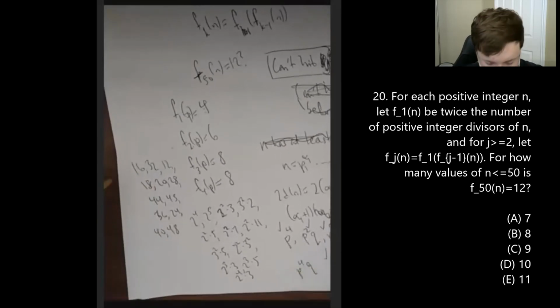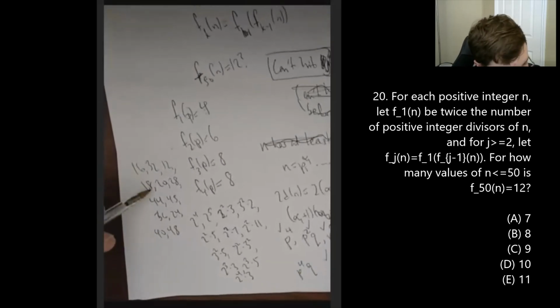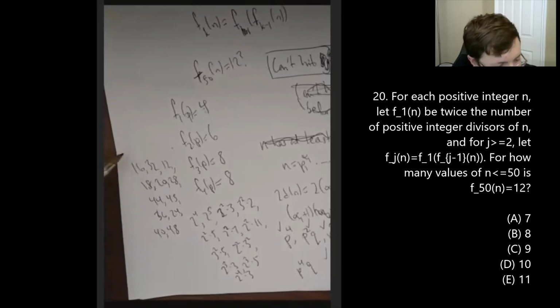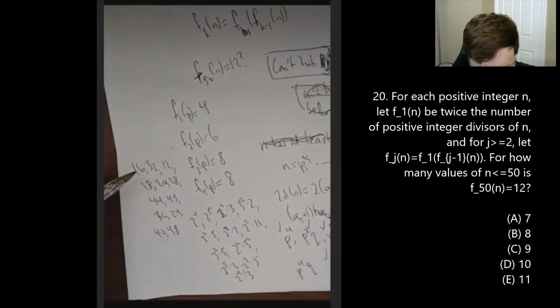Ugh. Okay, so how many are there? That's 12. Okay, so the number of divisors of 16 is 5, and then I multiply it by 2, I get 10. And then what happens to 10? 10 has 4 divisors, so I get 8.